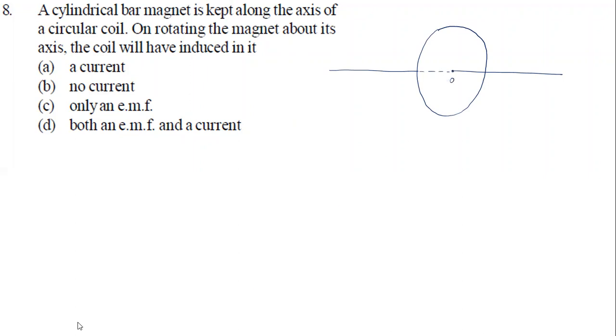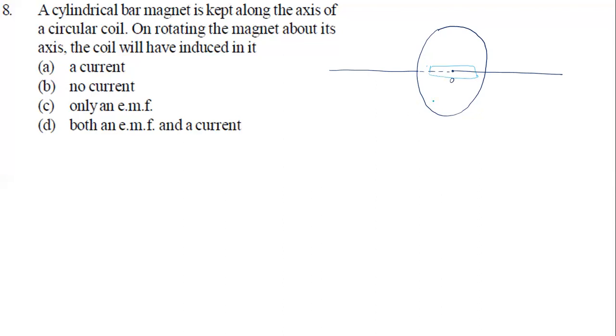On the axis, we're going to keep a magnet. Which type of magnet? A cylindrical bar magnet. Let's take something like this. We're going to keep it along the axis.